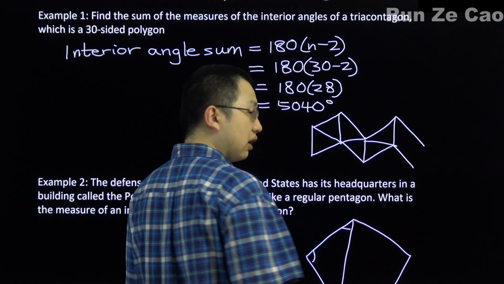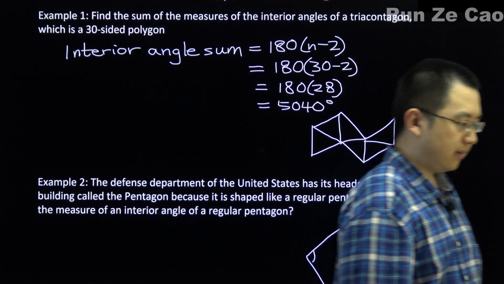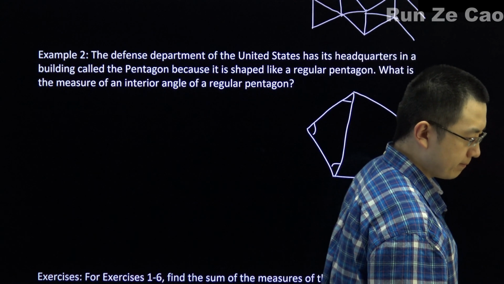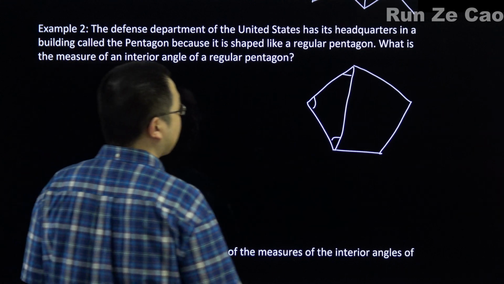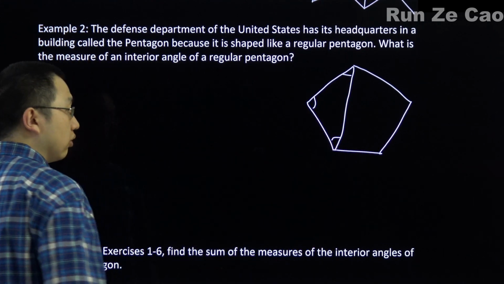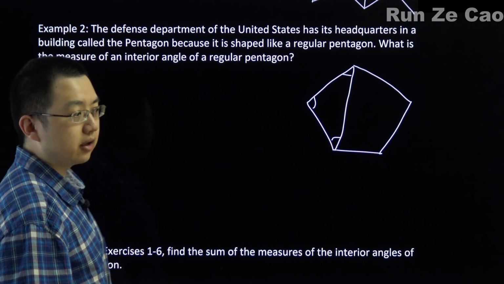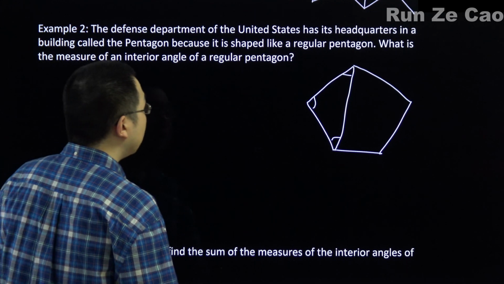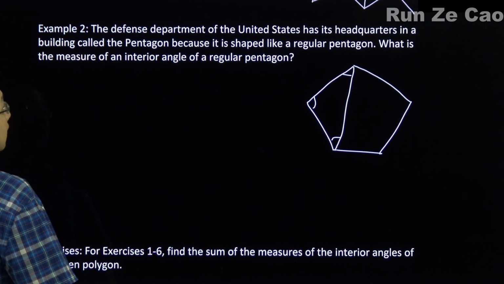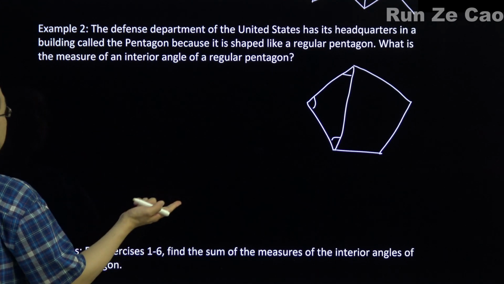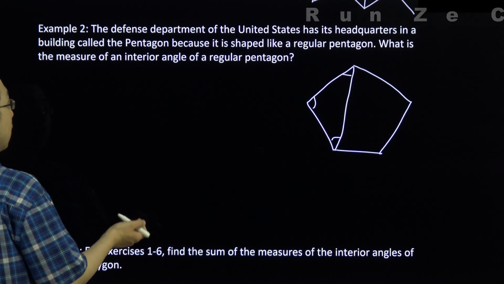And it would still have worked. Now, a regular pentagon, you can actually divide the total of the interior angles by the number of angles to find their measurement. Because it's regular, all the angles are congruent, they're all equal.